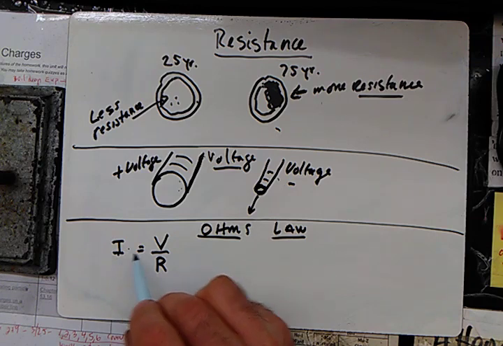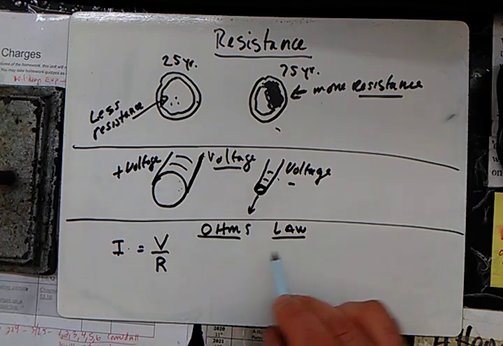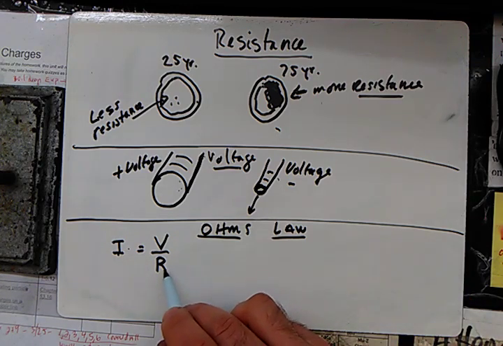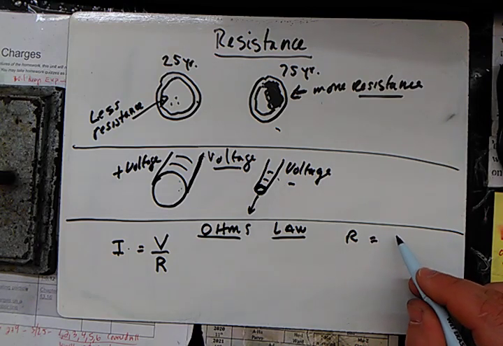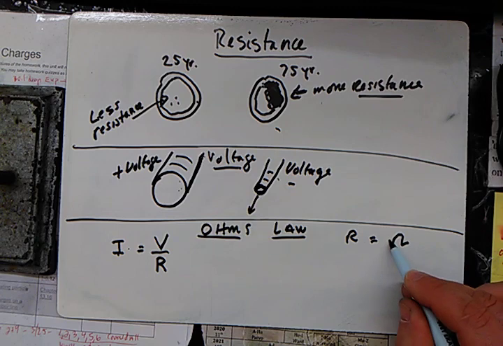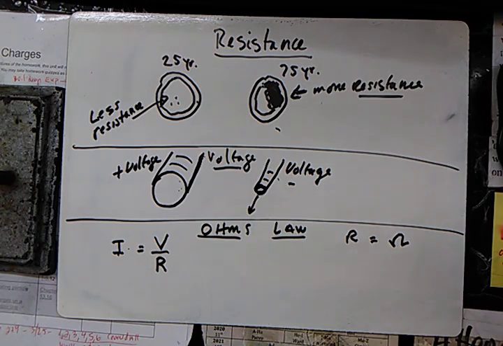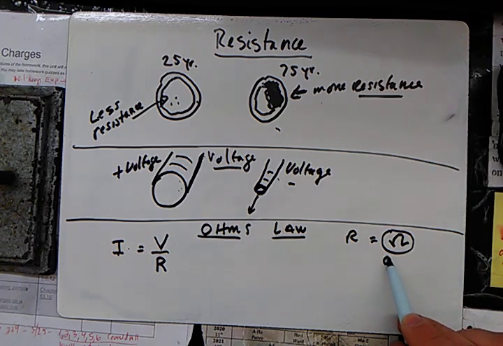So resistance, this R, okay, is going to be denoted by what we call a little omega there. Okay, and then this here is going to be something that's called an ohm. Okay, this is an ohm.